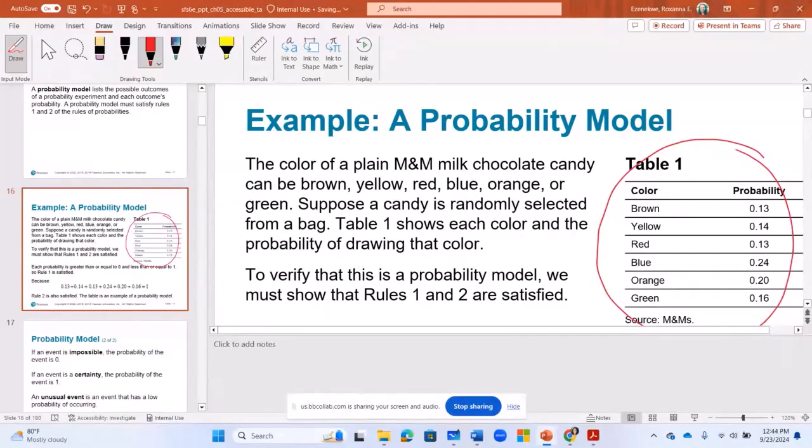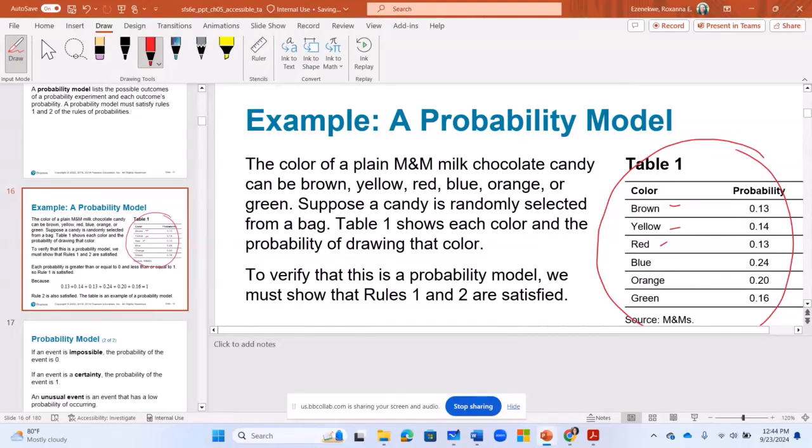That is the meaning of the sum of all the probabilities must be 1. It doesn't matter if it is a qualitative variable. This is qualitative because brown, yellow, orange addition may not make sense, but still.